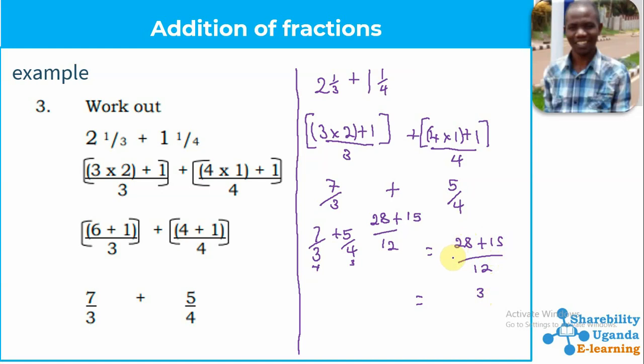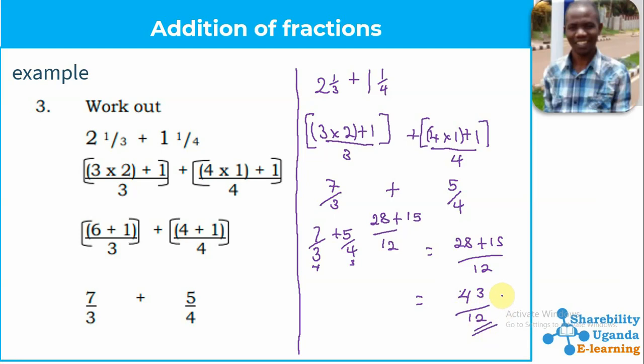We get 3, plus the 1 which we carried, which is going to be 4, out of 12.